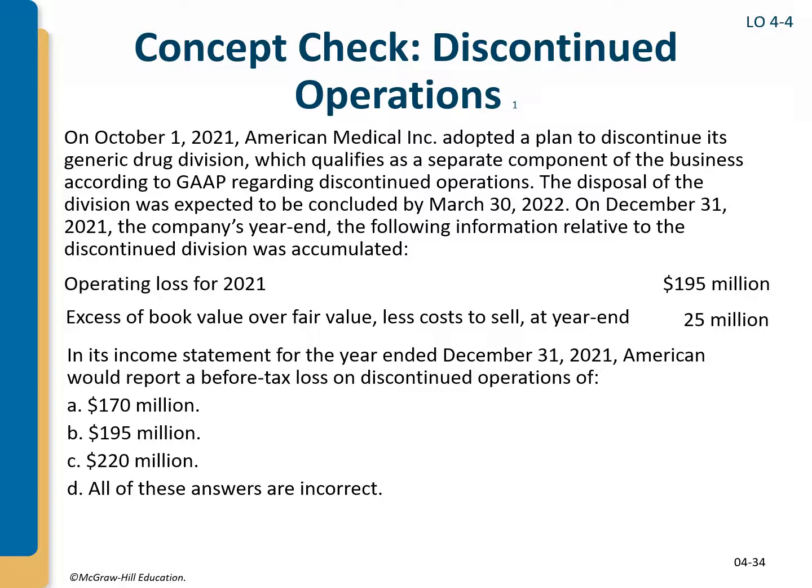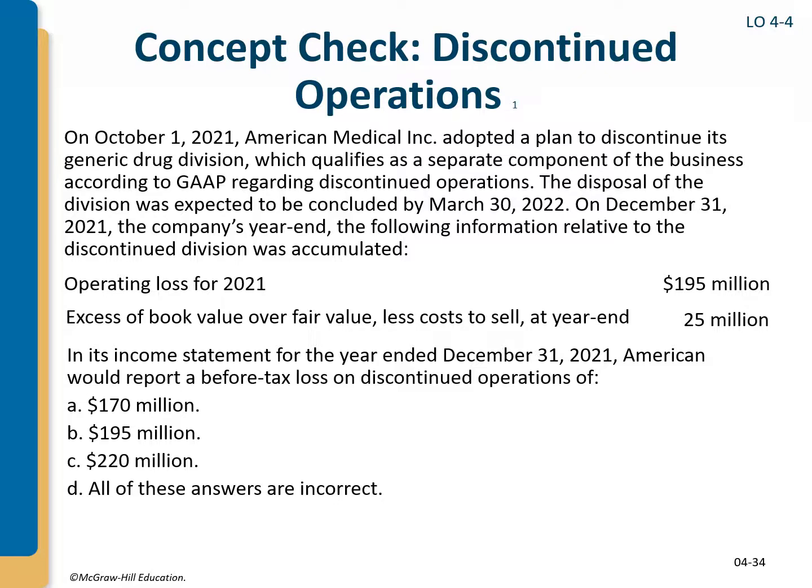The operating loss was $195 million. The amount by which book value is greater than fair value was $25 million. In its income statement, how much would American report as a before-tax loss on discontinued operations?